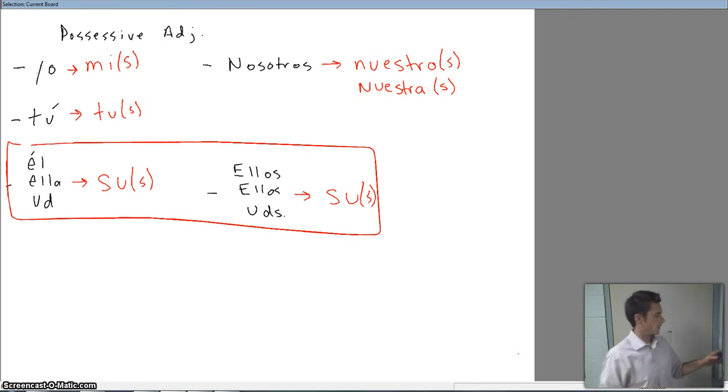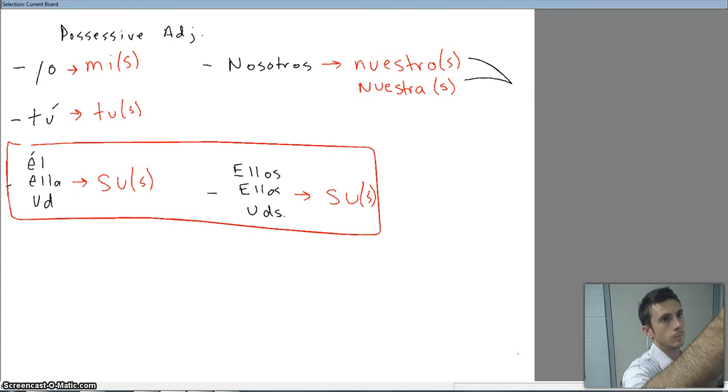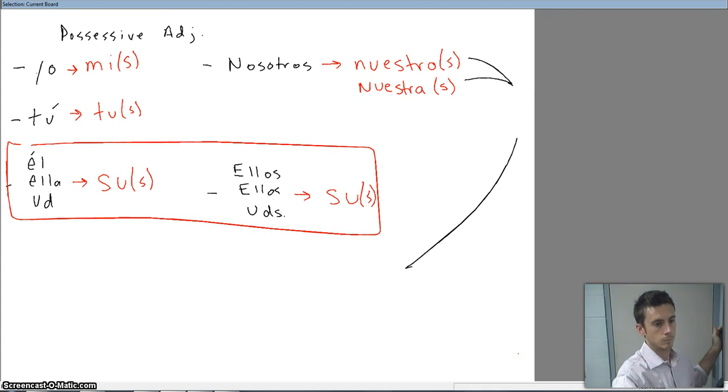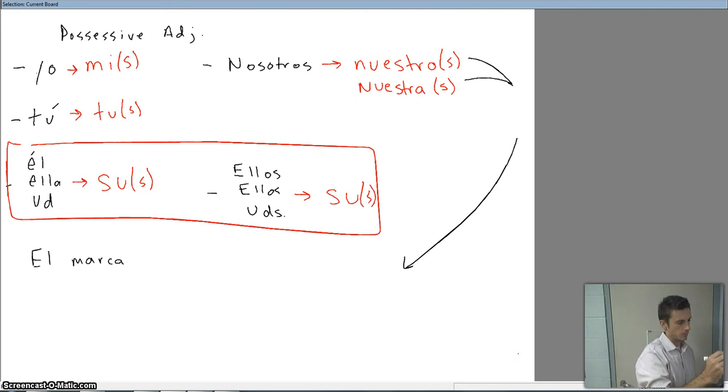Now let's talk about this one. I'm going to talk about nuestro, nuestra. Nuestro, nuestra can change for gender. However, it doesn't matter who owns the thing, it matters what is owned. For instance, if you and I, everyone out there watching, all share this marker, well, our item is el marcador.